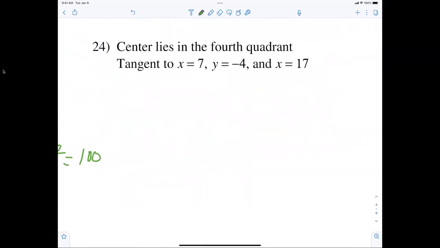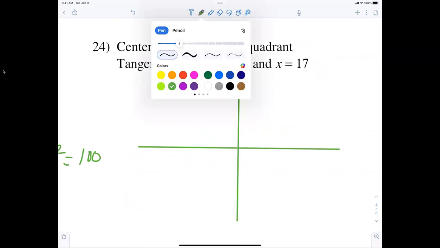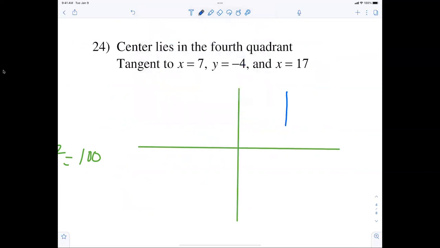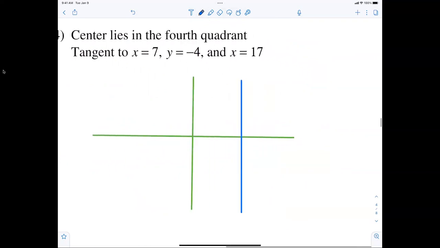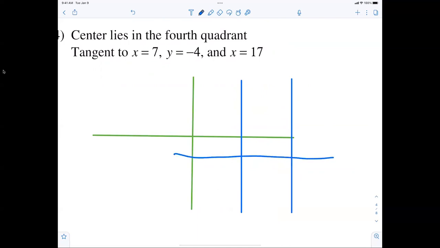Center lies in the 4th quadrant. Tangent to x equals 7. All right, so again, visual is important. So it's tangent to x equals 7. So I'm just going to rough in x equals 7. I'm going to rough in x equals 17. And then I'm going to put y equals -4.